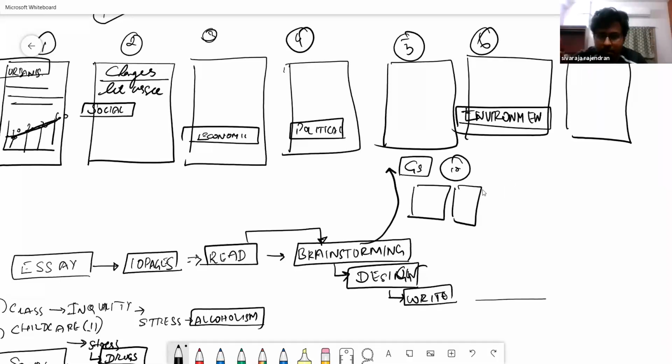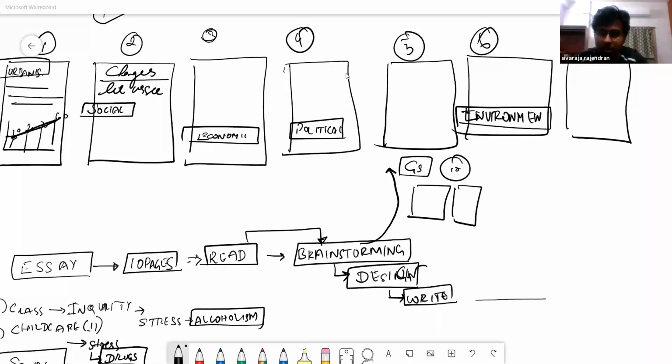In an essay you can have flow charts, you can have Venn diagrams and many things, but mostly not diagrams.